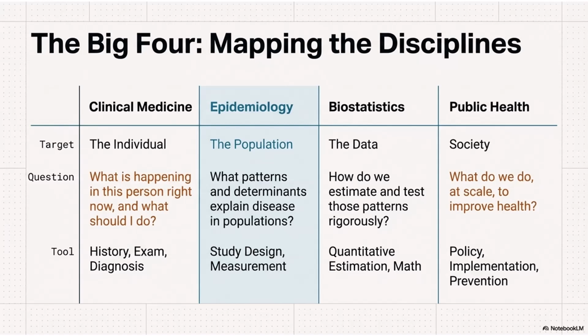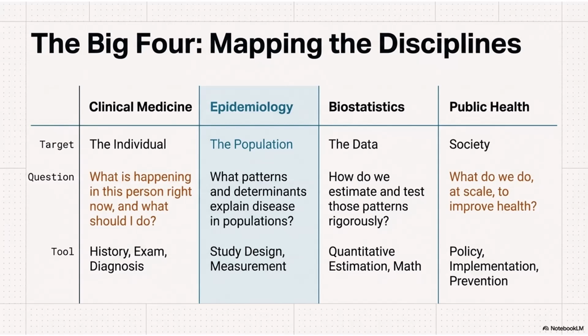Biostatistics, on the other hand, is a different thing. Biostatistics is the quantitative toolkit. If epidemiology is the strategy, biostatistics is the weaponry. Biostatistics helps you estimate associations, quantify uncertainty, model outcomes, handle variability, and avoid fooling yourself with randomness. But biostatistics is not the same as epidemiology. Epidemiology asks whether the question, design, and measurement make sense.